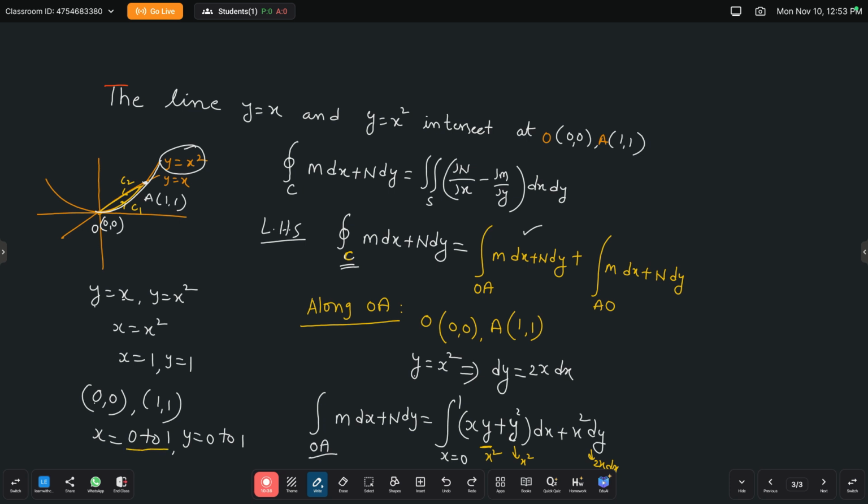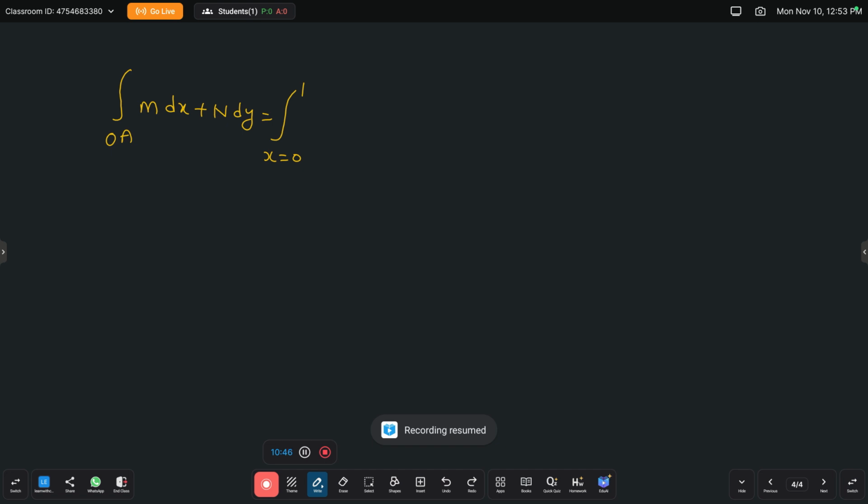Now after substituting the above limits, the problem converts to: in place of y substitute x square, and dy is equal to 2x dx. Then M dx plus N dy converts to x into y, xy plus y square. y square is already x square whole square, completely x terms, plus x square into 2x dx.